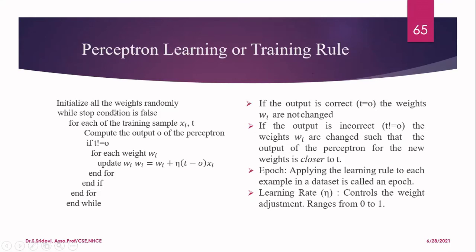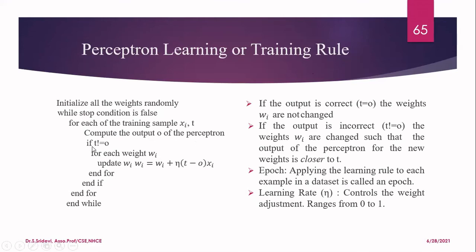So first, you have to initialize all the weights randomly. After that, while the stopping condition is false, you are going to do certain steps. For every sample in your training data set, that's Xi, T, you are going to take the training data set, apply it to the perceptron along with the weight and the bias. Then you are going to compute the output O of the perceptron.